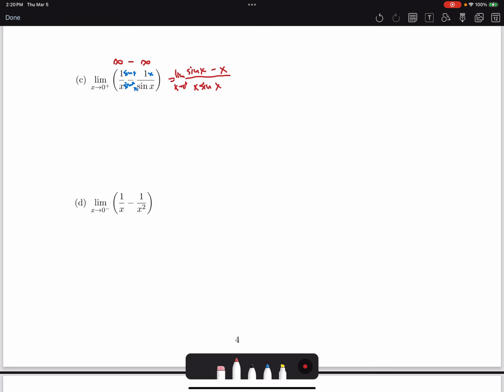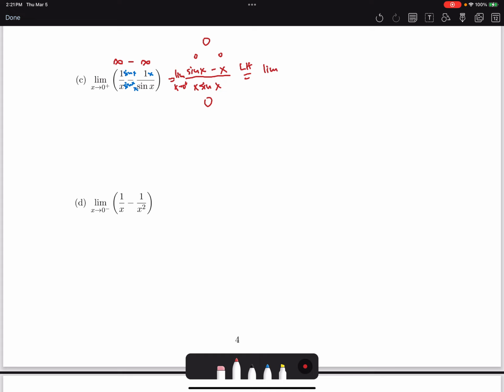Or do we even need to? What happens when we plug in 0? Well, sine x is 0, and of course x is 0, and 0 minus 0 is 0, so we get a 0 in the numerator. In the denominator, sine 0 is 0, and of course 0 times 0 would also be 0. So we've got 0 over 0. We can indeed apply L'Hopital, and I think we need to because 0 over 0 is indeterminate.